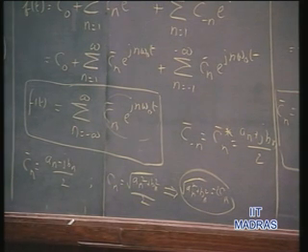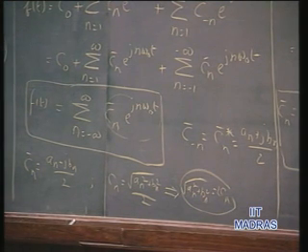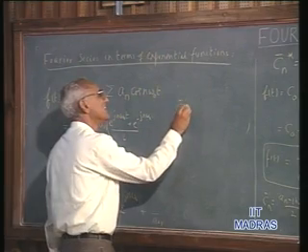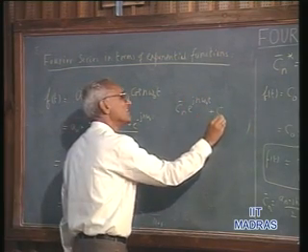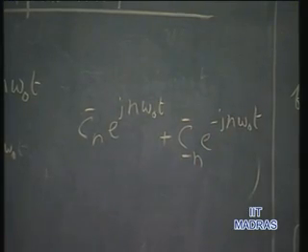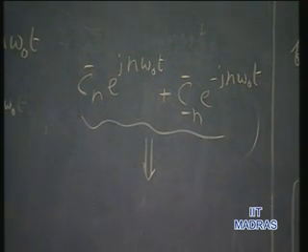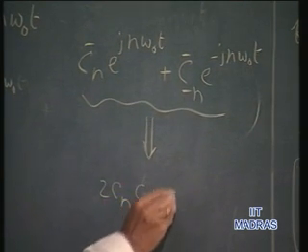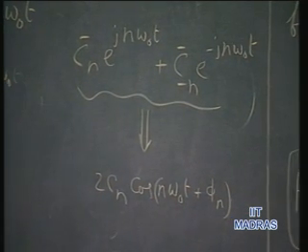However, we have to bear in mind that if you take Cn e to the power of j n omega naught t and combine this with C minus n e to the power of minus j n omega naught t, these two together will lead to a real function of time, a sinusoid, which will be 2Cn cos n omega naught t. This one. We can easily show that.